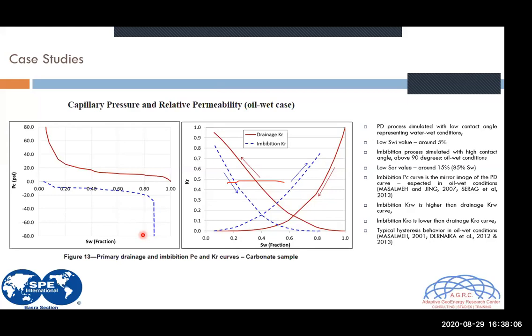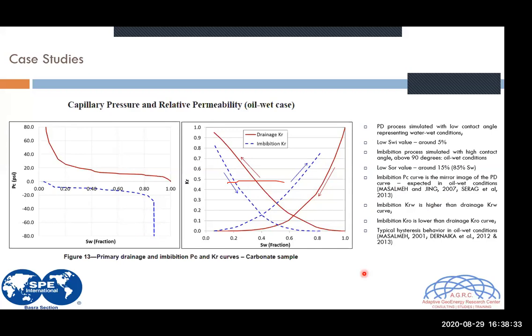So here, just to show you some generated numerical curves from the primary drainage and imbibition, in this case, in a carbonate sample. We started with a water wet scenario and moved on to imbibition in a water wet scenario. So you can see this kind of mirror image that was described in the literature, and we could see some hysteresis between the curves as well.